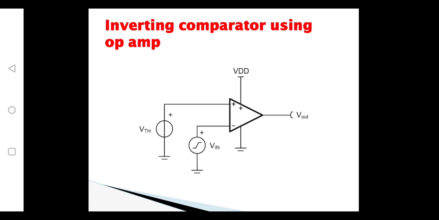So this is the inverting comparator, in which the input is given to the inverting terminal. Here the output voltage will have only two values, that is plus V saturation or minus V saturation. Whenever the input voltage is less than the reference voltage, we would expect a lower output value, but as we are connecting in an inverting mode, instead of getting minus V saturation, we get plus V saturation.